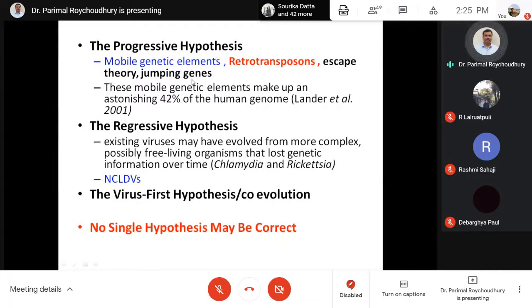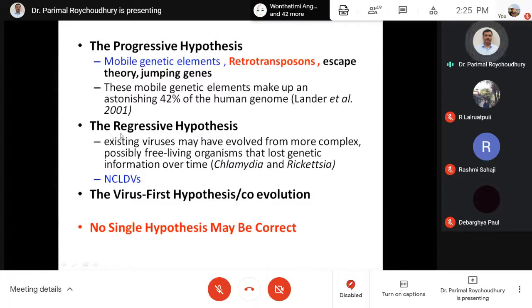Within the chromosome, from one part to the other, these genes can move. About 42% of the human genome is this kind of mobile genetic element. So this school of thought says that probably these retrotransposons or mobile genetic elements have escaped from the host and given rise to a virus identity. And this is what we call the progressive hypothesis.